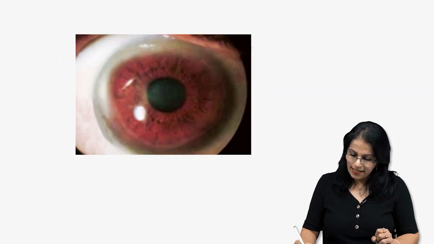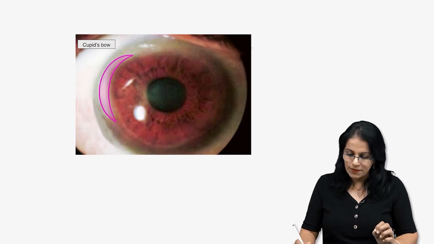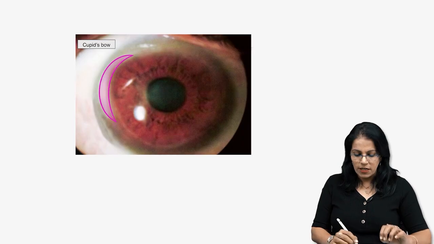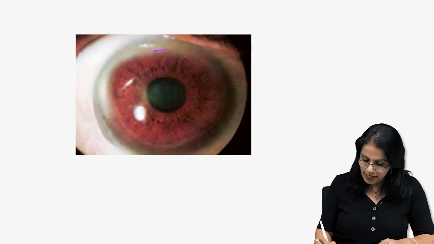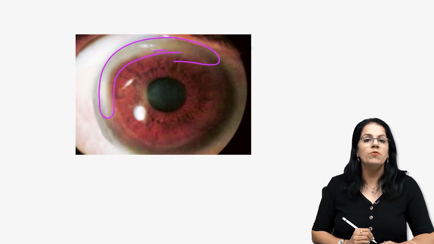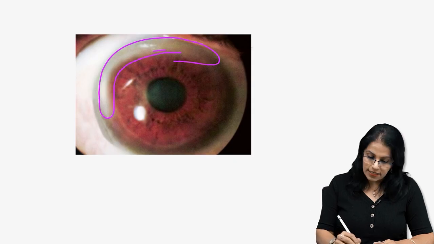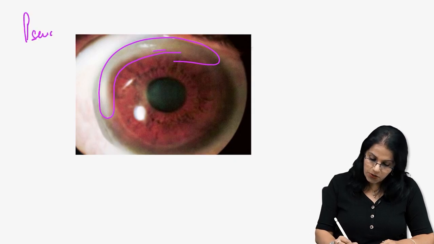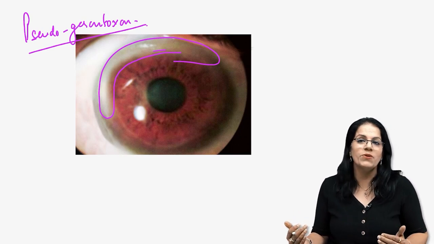This is the subepithelial scarring I am talking about, which is Cupid's bow. Cupid's bow is also called pseudogerontoxon, because it is like a white arc, can you see it? It looks more like an arcus senilis, so it resembles arcus, therefore, we call it pseudogerontoxon. And what is gerontoxon? Gerontoxon is another name for arcus senilis.